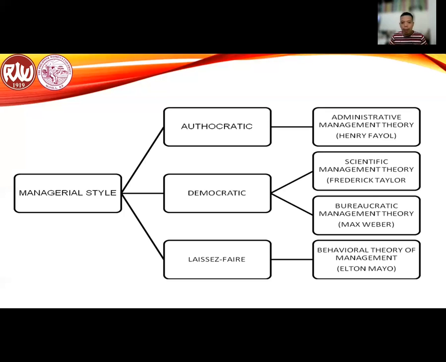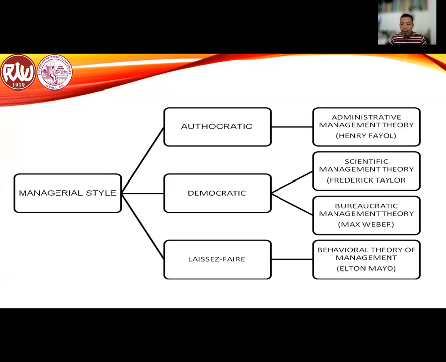This actually explained the 14 guiding principles of management theory, namely initiative, equity, scalar chain, remuneration of personnel, unity of direction, discipline, division of work, authority and responsibility, unity of command, subordination, centralization, order, stability of tenure, and esprit de corps.